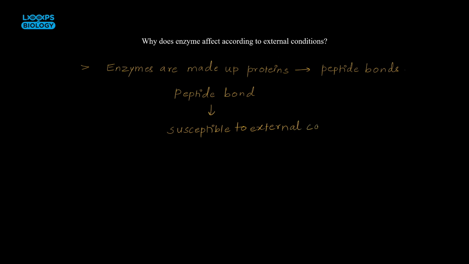Whenever I continue the harsh condition in the surrounding, the peptide bond will start breaking down. Alright, so it is susceptible to the external condition means it is going to get stronger or weaker.